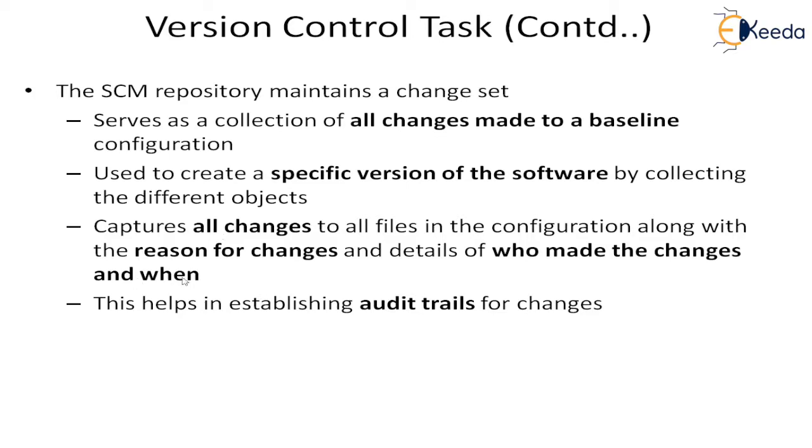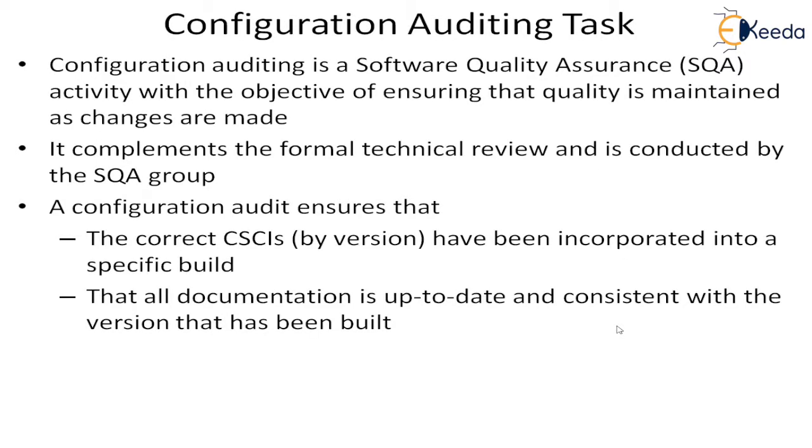If you keep this, it will help in establishing audit trails for the changes. Now we come to the next task, the next sphere around our concentric circles: configuration auditing. Because you have already established change control and version control, now you can do the configuration auditing task.